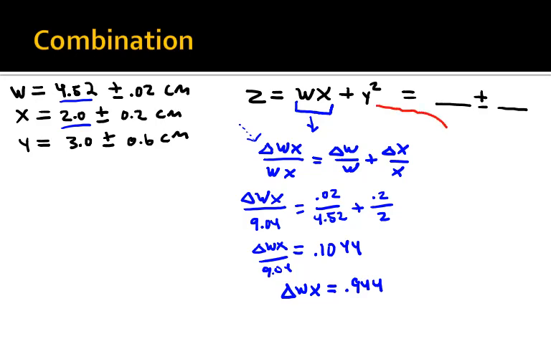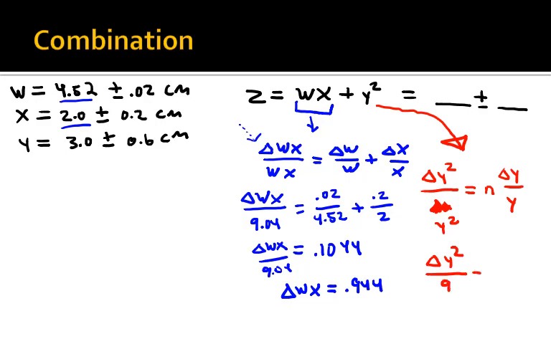Now what we can do is take a look at the uncertainty of Y squared. We have the uncertainty of Y squared over Y squared is equal to the integer n times the uncertainty of Y over Y. So in this case, the uncertainty of Y squared over Y squared, which is 9, is equal to the integer 2, because this is being squared, times the uncertainty in Y, which is 0.6, over Y, which is 3.